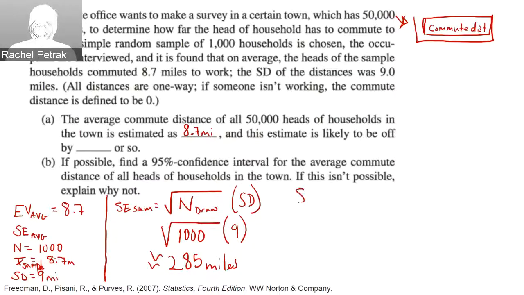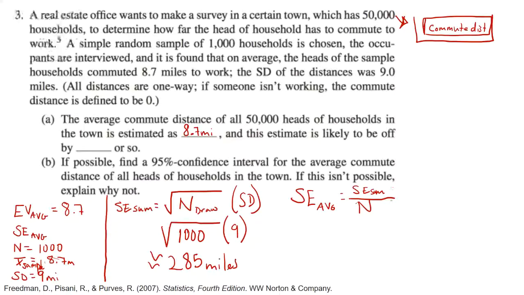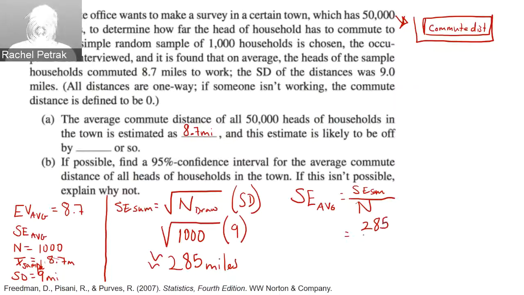And then we can simply get our standard error for the average by taking our standard error for the sum out of the n. So it's 285 out of our n of 1,000.